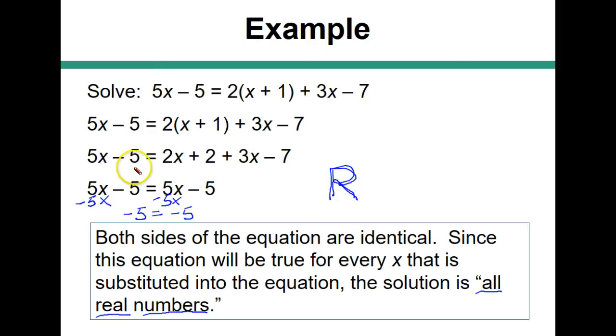We then divide by whatever the numerical coefficient of the variable is, and then that is the solution of the equation. Now, if you get a false statement, there's no solution. If you get one solution, x equals 5, that is the solution. And if you eliminate the letters but get a true statement, these are all real numbers. And that wraps up this particular lesson.